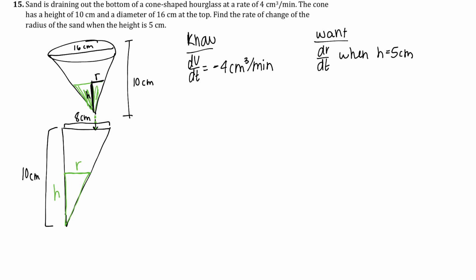Why don't I write down my formula to relate radius and volume? So the formula for the volume of a cone is pi over 3 r squared h. The problem is that we have information about r, but we don't have any information about h, so we need to figure out how to get rid of h. We'll use our similar triangle setup over here.